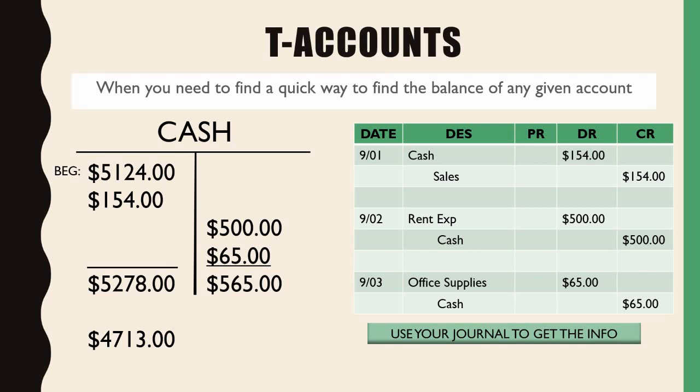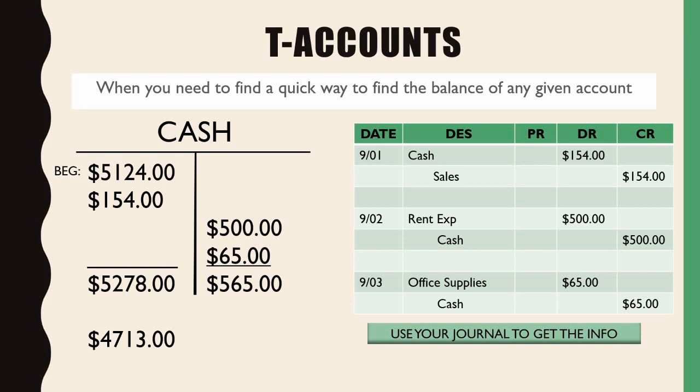So in that case, you go on the side of your journal, you write it out. All right, so I have a debit of this, I have a debit of this, I have credit this and credit this. So therefore, I should have a total of $4,713 left. Right? It's just a quick math thing.